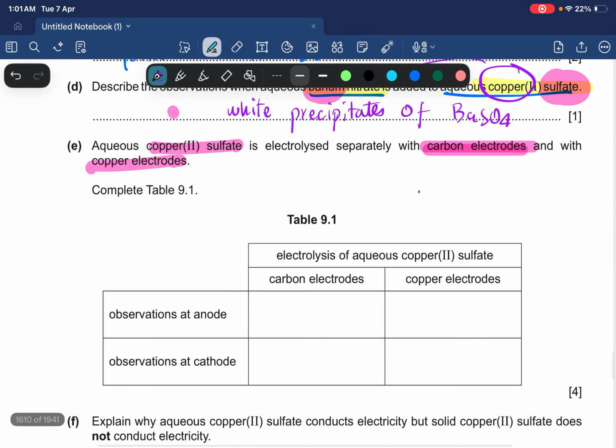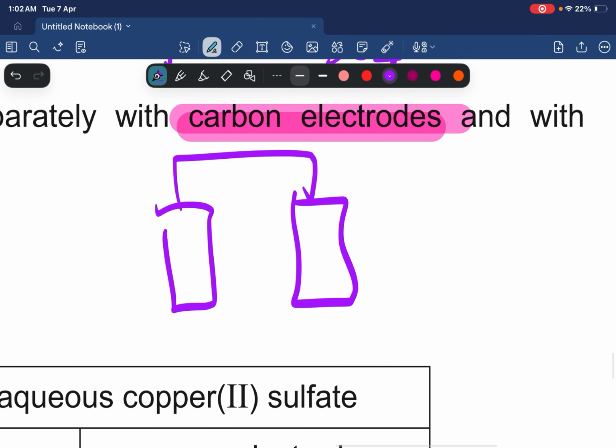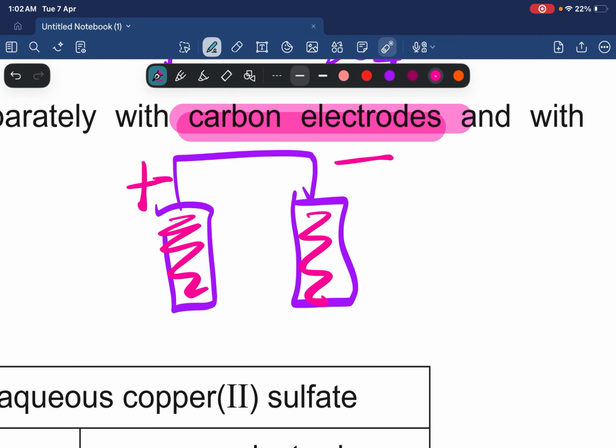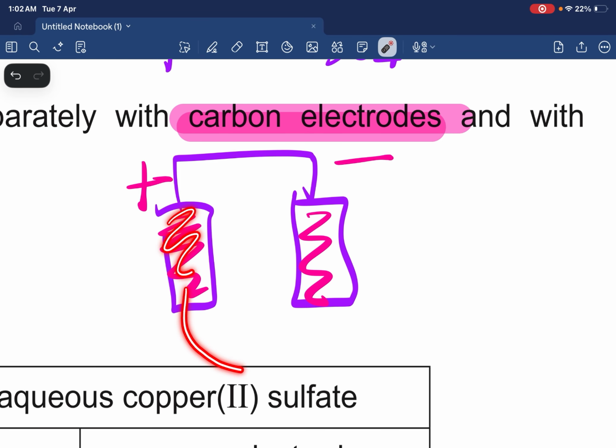Over here, believe me for a second that this is copper, this is copper. This is your anode, positive, this is your cathode, negative. What's going to happen? Copper is going to come down from here into the solution, and then copper is going to get deposited on your cathode.